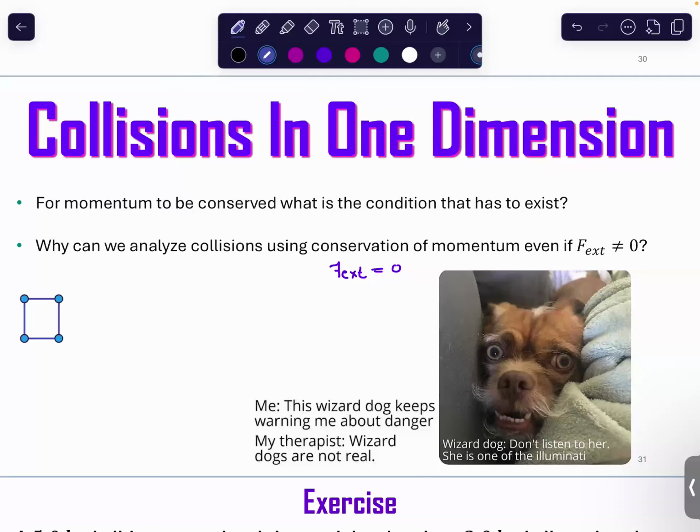So let's say we have mass 1, and mass 2. And they are moving towards each other.